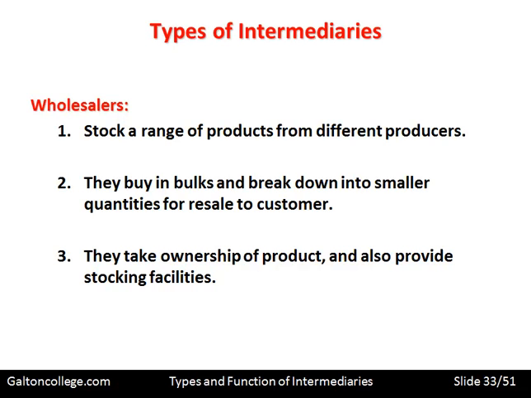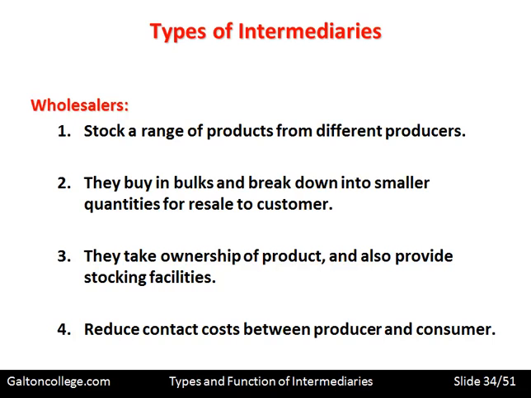They have good knowledge of the market, and they try not to make mistakes. They buy goods which they think will sell. They reduce the contact between the producer and the consumer. As I said earlier, if the customer has an issue with the product, they tend to go back to the wholesaler. That's where they bought the product. So they go back and complain to the wholesaler.